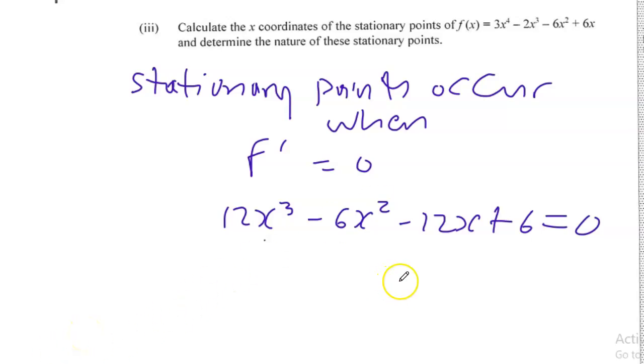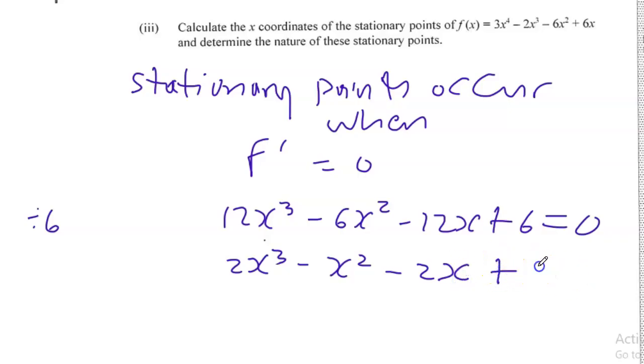So to solve this, we can divide each term by 6. Dividing by 6, we get 2x cubed minus x squared minus 2x plus 1 is equal to 0. Now we can use the remainder, the factor theorem, to find the factors.